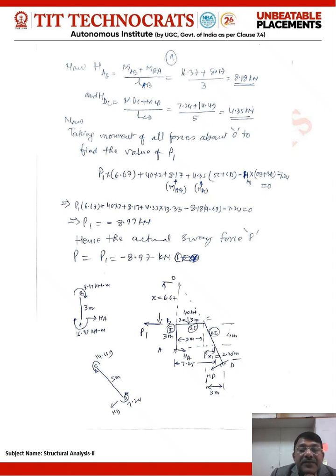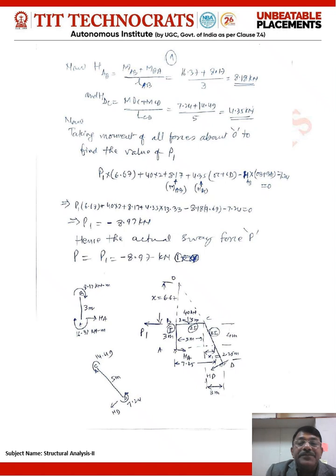In this case of column CD, the moment at C is anticlockwise in nature, and moment at D is again anticlockwise in nature. So the reaction at D would be such that it can make a clockwise moment about C. This way you are able to find the value of HA and HD in the first line of this page.